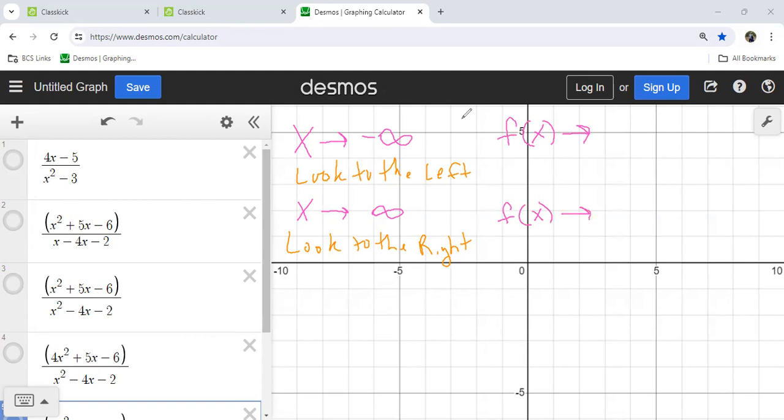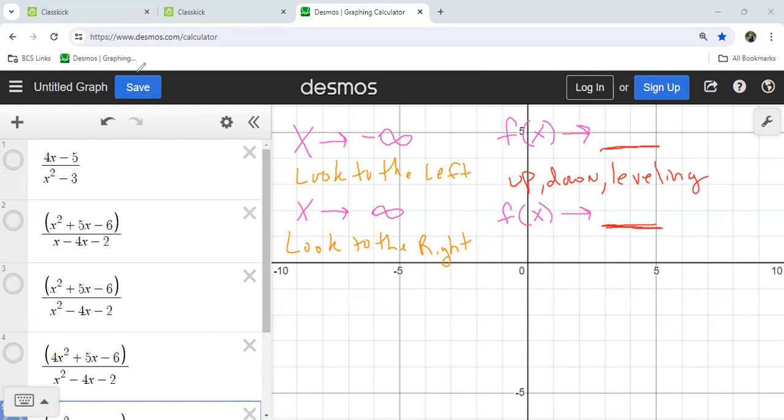Okay, so the decision now has to be, is it up, is it down, or is it leveling off? Those are the three things we're going to have to decide between, and we're going to put that decision right here at the end of the f of x. So we're going to be looking up, looking down, or leveling. So let's look at some examples and we'll see how this works, and we'll write some end behavior statements.